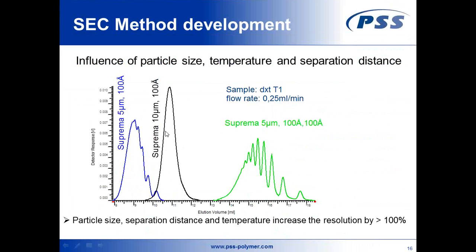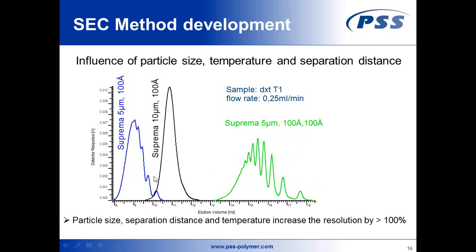The same dextran sample was measured on a Suprema 10 micron, 100 angstrom, then on a Suprema 5 micron, 100 angstrom. You even see the smaller molar masses indicated as single peaks, but taking two 100 angstrom columns together, reducing the particle size and reducing the flow rate, you see these nice oligomeric structures for this dextran sample.